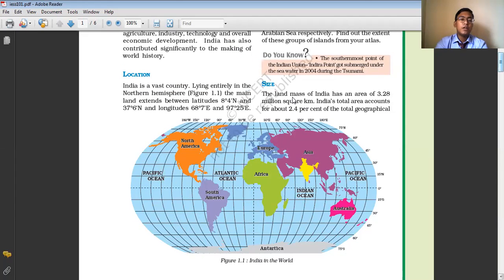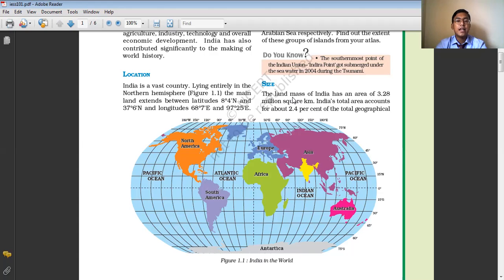If we talk about the location of India, India is located entirely in the northern hemisphere. India lies between 8 degrees 4 minutes north to 37 degrees 6 minutes north latitude, and 68 degrees 7 minutes east to 97 degrees 25 minutes east longitude.